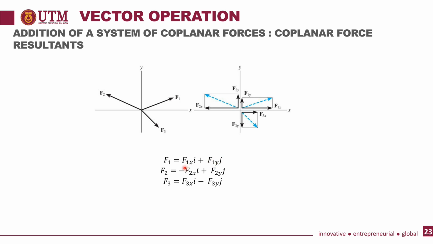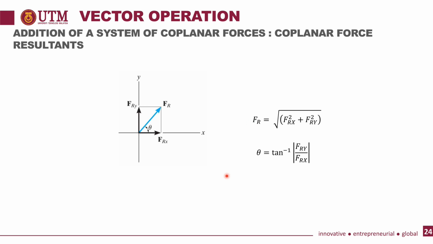Each component of x must have the letter i, and each component of the force in y, with respect to the y-axis, must have the component j. Later on we will try some examples in order for you to improve your understanding of representing your system of forces using scalar or Cartesian form.